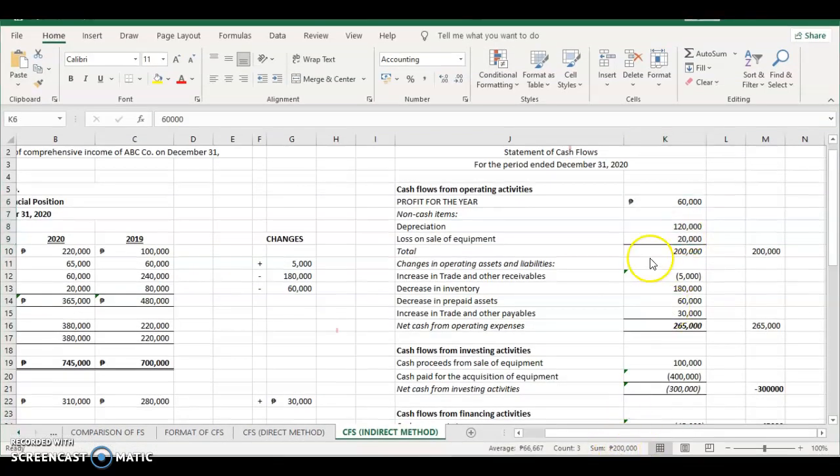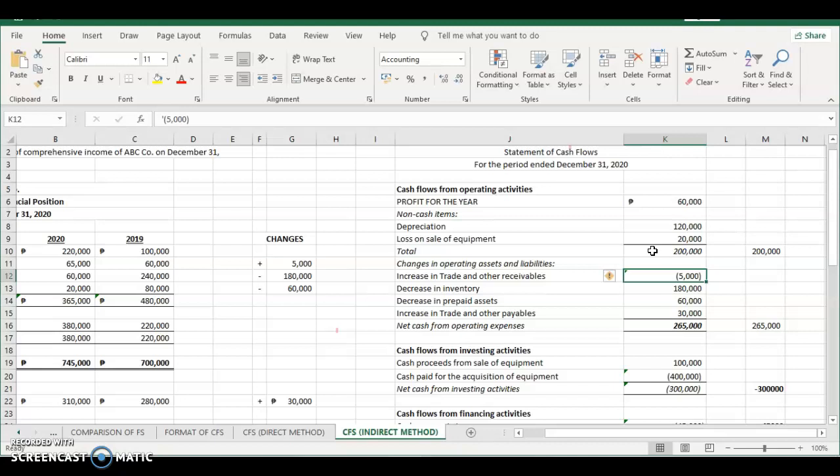Okay, 200,000. Okay, so let's have it now. So, we will now proceed. After that one, we have to proceed to the changes in operating assets and liabilities. So, kailangan natin, gaya ng sinabi ko kanina, current assets and current liabilities, operating. Okay?